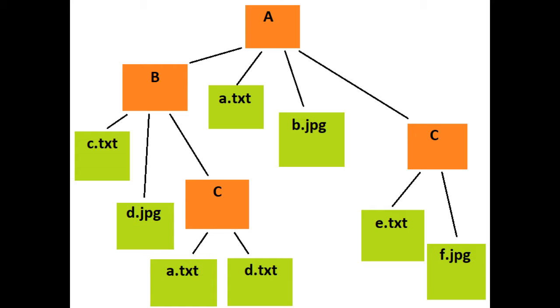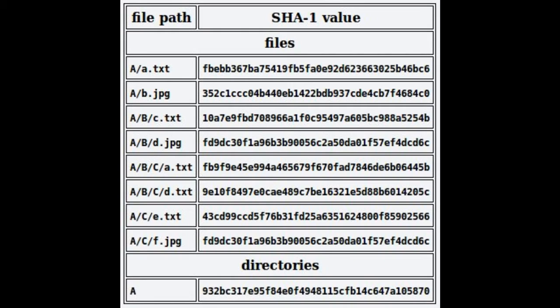Let us now show how we build the SHA-1 storage and how we store and retrieve files and entire file trees. Let us take our example file tree again. So far, we computed the SHA-1 values for its 8 files and the SHA-1 value for the entire file tree under A. This is a table that summarizes our results.